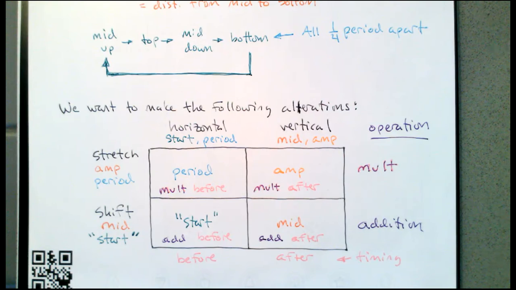I especially want to associate multiplication with stretching and addition with shifting, and after with vertical and before with horizontal. Because then we'll be able to branch out to operations more complicated than multiplication and addition.